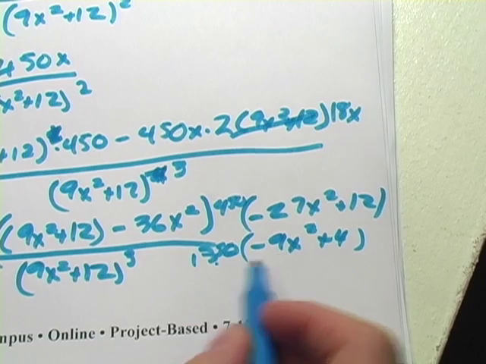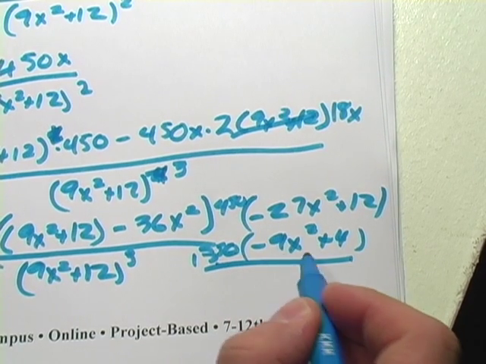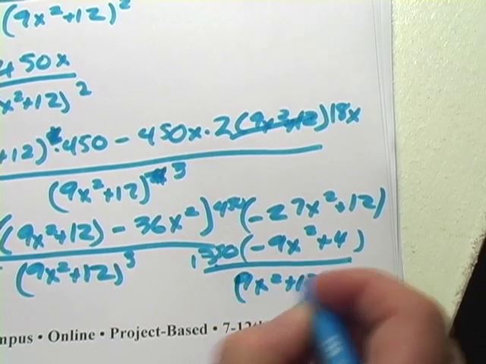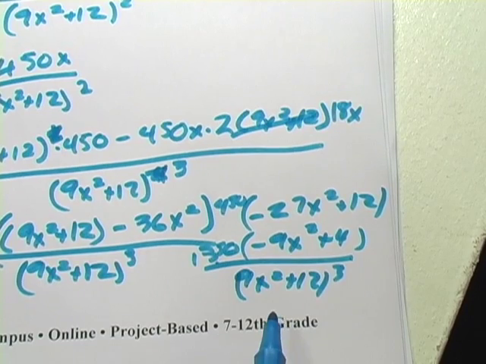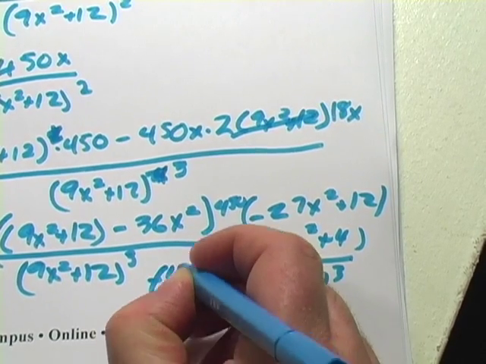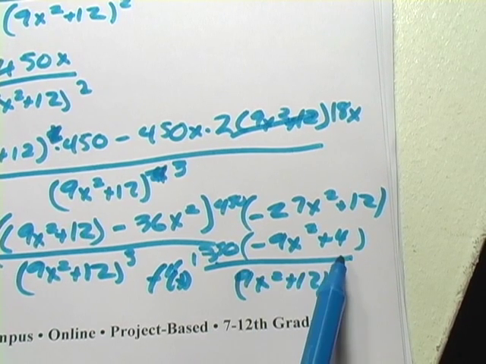And this really doesn't matter, and nor does the bottom, because really we're trying to figure out where the numerator is 0. But this is a fairly simplified form of the second derivative.